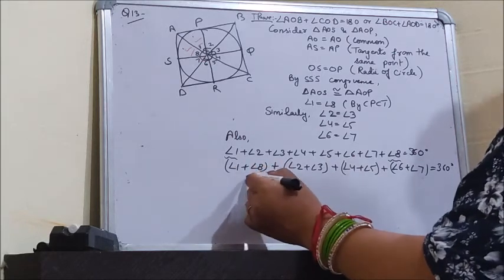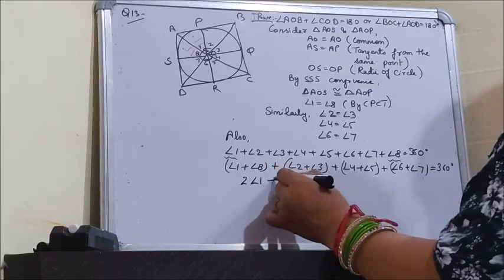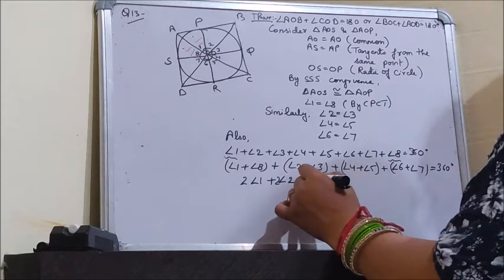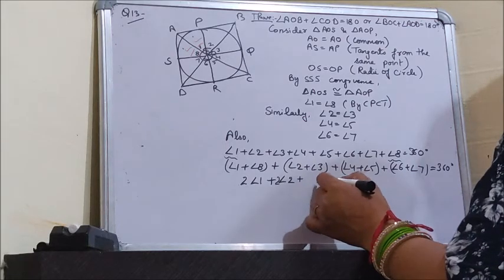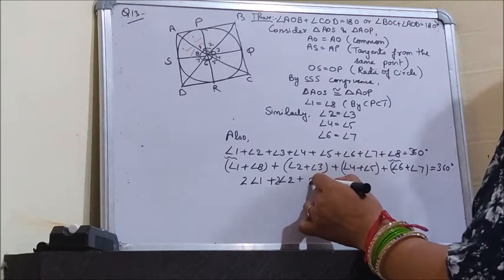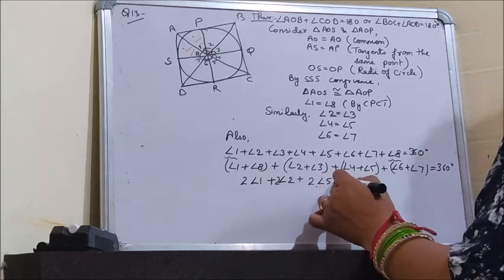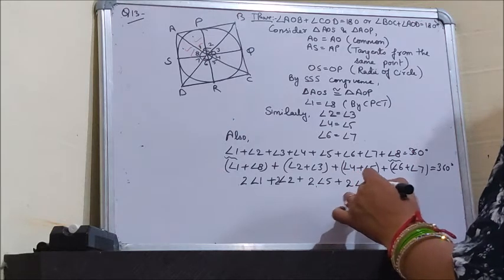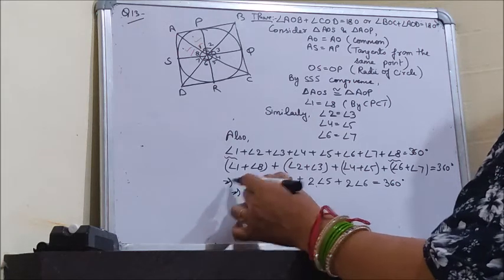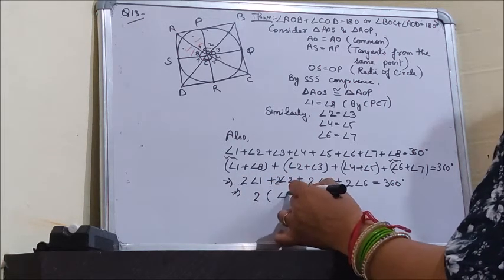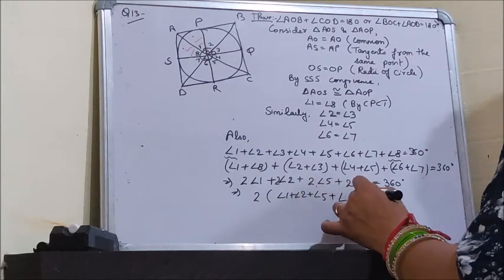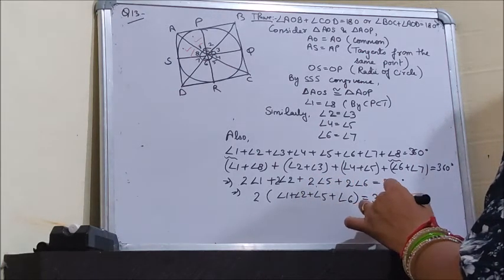Since these are equal, I can write 2 times angle 1 plus 2 times angle 2 plus 2 times angle 5 plus 2 times angle 6 is equal to 360 degrees. We can take 2 common. Angle 1 plus angle 2 plus angle 5 plus angle 6 is equal to 360 degrees.